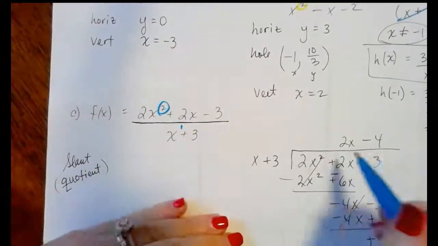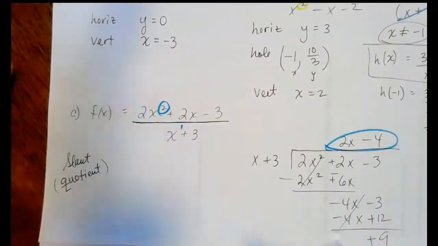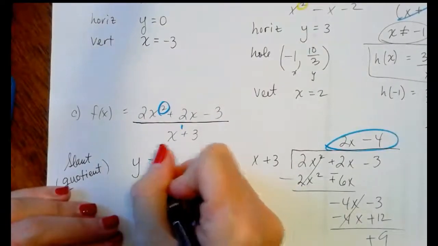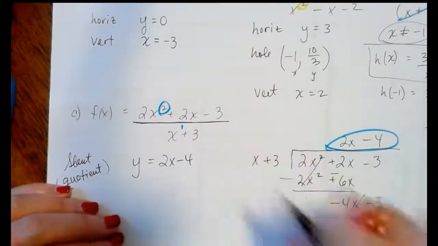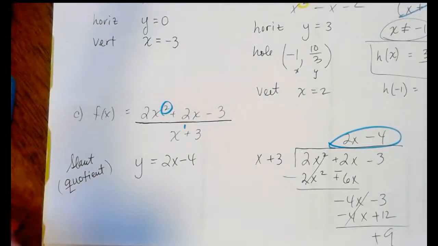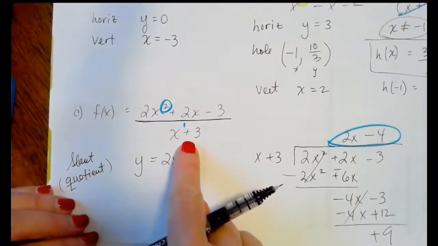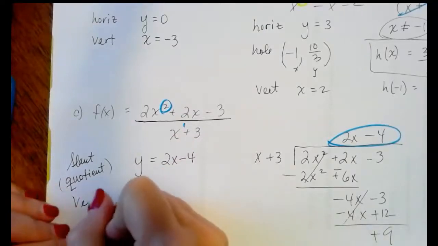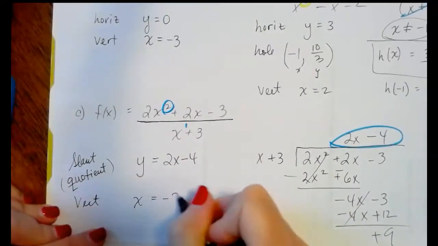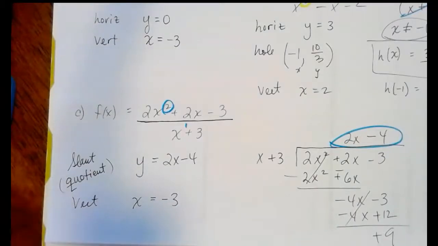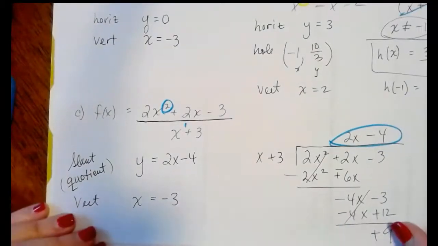I need the quotient. So my slant asymptote is at y equals 2x minus 4. And then, since nothing's going to cancel here, I will also have a vertical asymptote at x equals negative 3. So that is a quick reminder about asymptotes and how to find them.